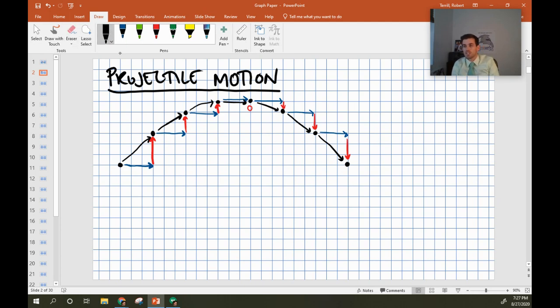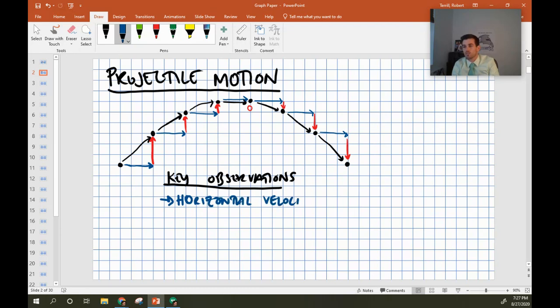The first of the key observations, I'm going to write in blue because it has to do with what's happening horizontally. I'm hoping you've noticed that our horizontal velocity is constant.